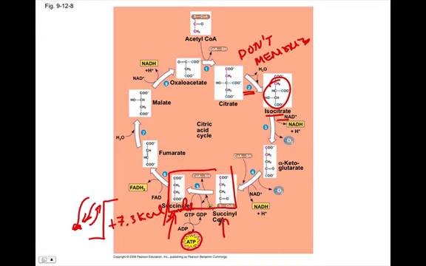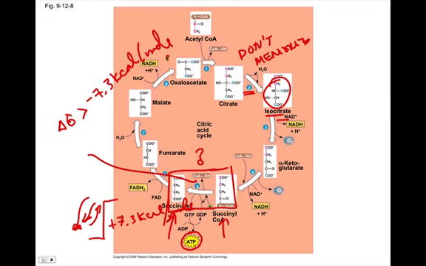So the test question could be, succinyl-CoA reacts to form succinate during the citric acid cycle. That reaction is coupled with the synthesis of ATP. What can we say about this reaction? And what we can say about this reaction is that the delta G of this reaction must be greater than minus 7.3 kilocalories per mole.